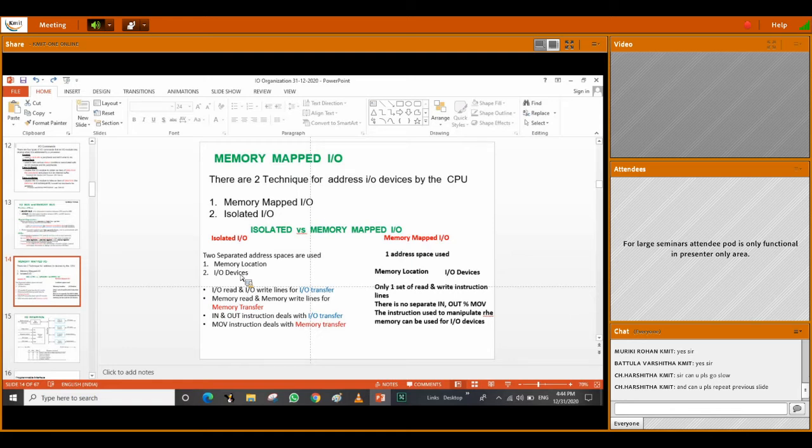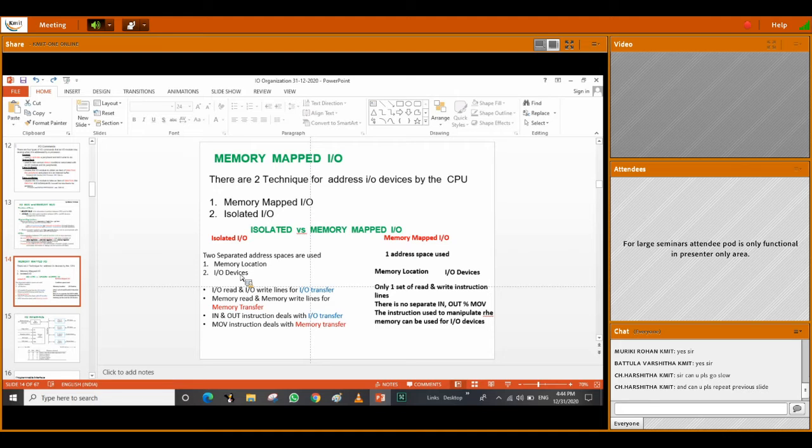Next, coming to memory mapped I/O. There are two techniques for addressing an I/O device by the CPU: memory mapped I/O and isolated I/O.